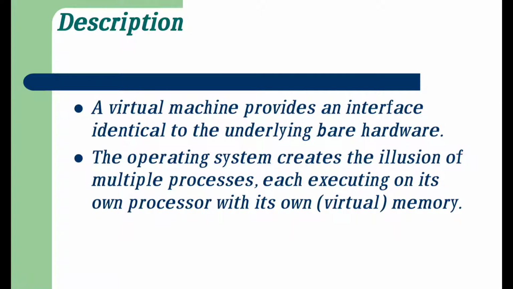Say we have Microsoft Windows, and within Windows we install a virtual machine. From that virtual machine we can use other operating systems also, like Fedora, Unix, Linux. Already you are aware of it, right?